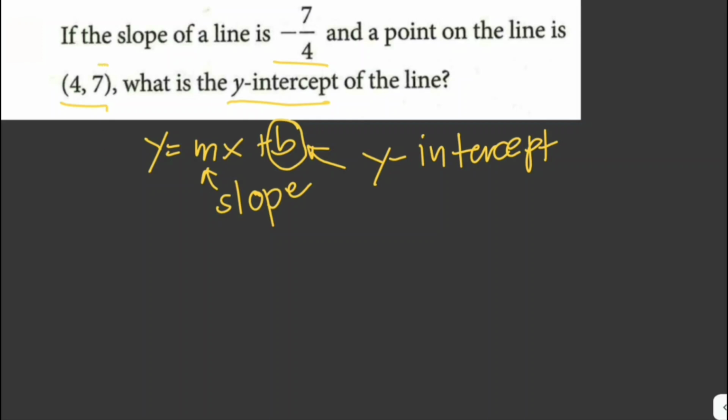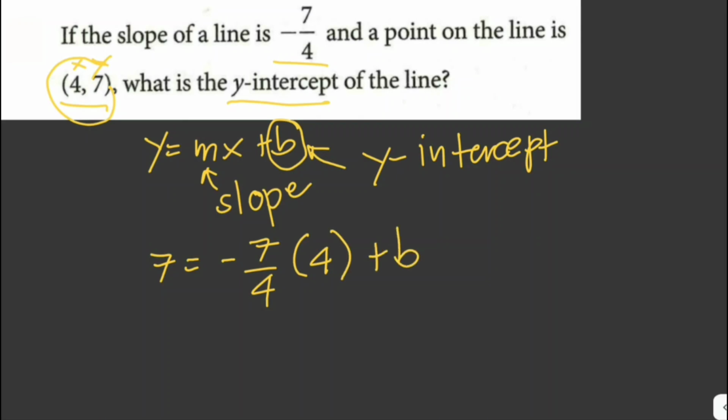So since we're given a point here, which is on the line, we just have to substitute that value, the value of x and y, to the equation. Then we can solve for the y-intercept. So that would be 7 equals negative 7/4 times 4 plus b.